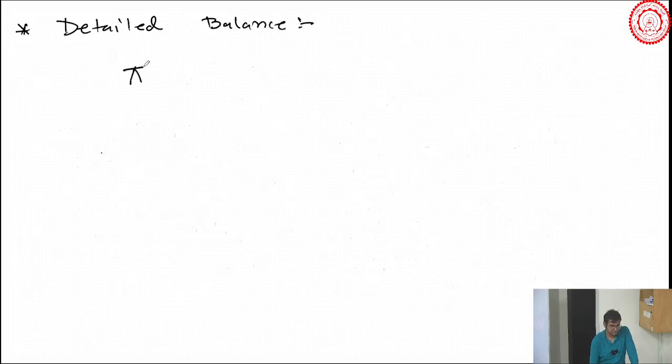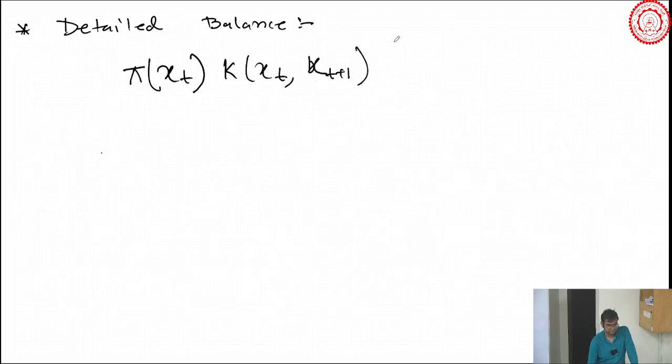Detailed balance. What is the detailed balance? Pi of xt times k of xt to xt plus 1 is equal to the reverse. By the way, there is one more condition I forgot to mention, but I will mention it while proving this.